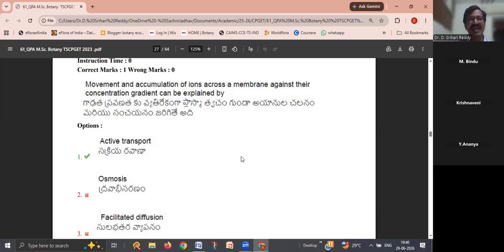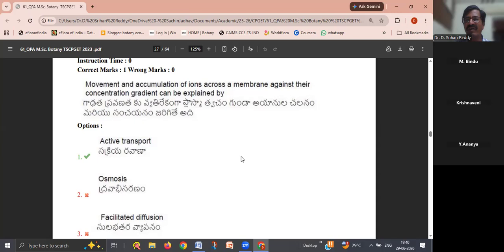Like that, here, if we want to send ions against the concentration gradient, what does it mean? Instead of from higher concentration to lower concentration, if we want to send it opposite the concentration gradient, that means from low to high, then we need to use energy. That transport is called active transport. That means it involves the utilization of ATP.